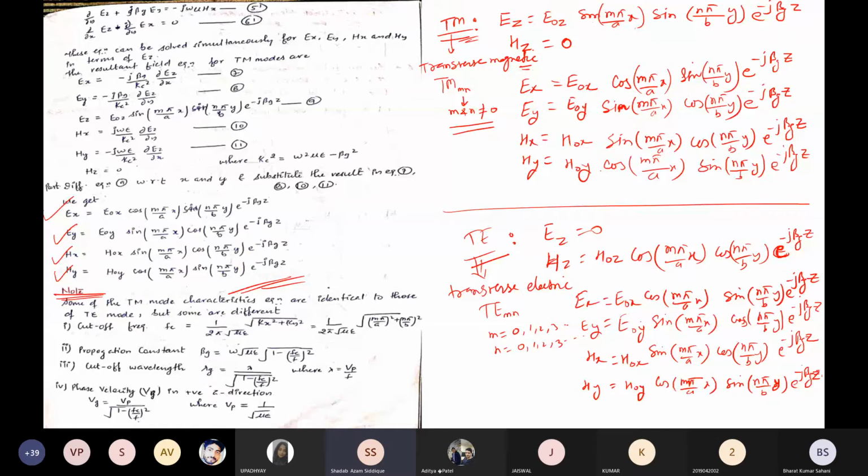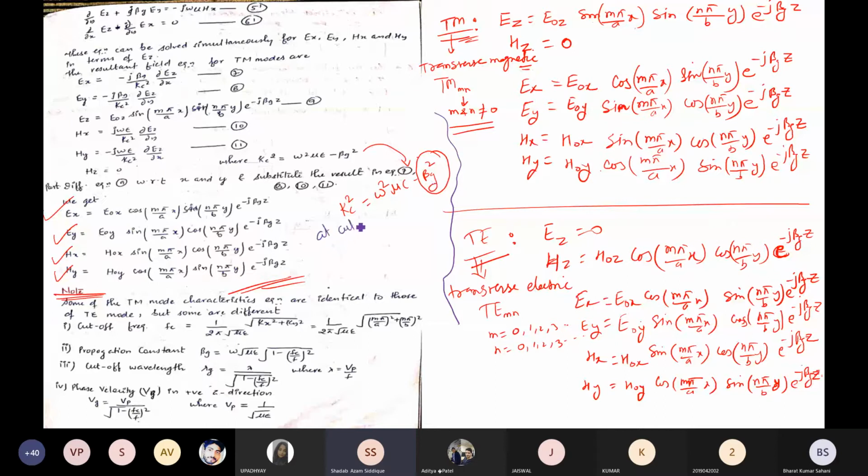We know the cutoff frequency is nothing but 1 upon 2 pi. You will be able to find out how we can find the cutoff frequency. We have Kc square, which is equal to omega square mu epsilon minus beta g square, which we have solved here. Beta g is nothing but the propagation constant. If the wave is not propagating, that is when we find the cutoff frequency.